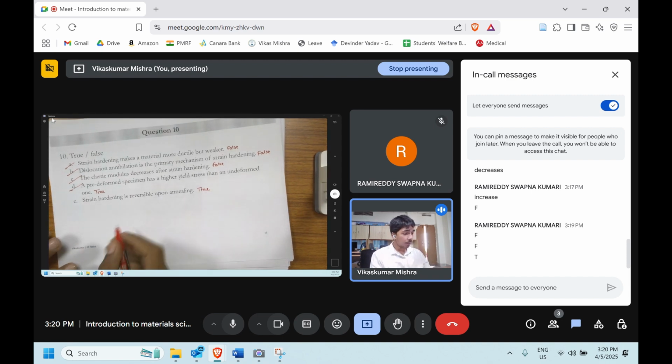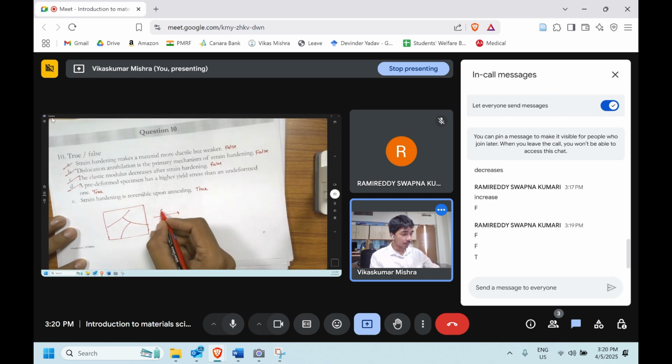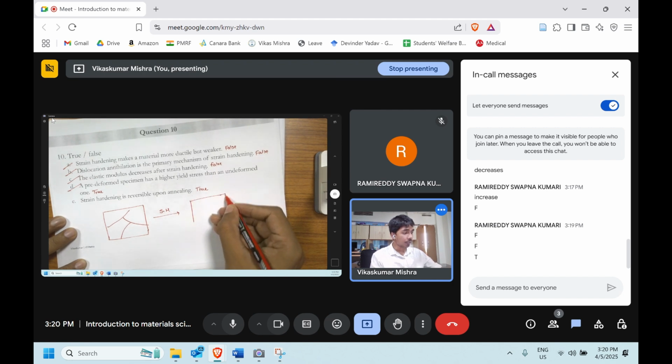See what we did in the strain hardening. Let us say this is our initial material. It had some grain size. After the strain hardening, there will be a reduction in the grain size.